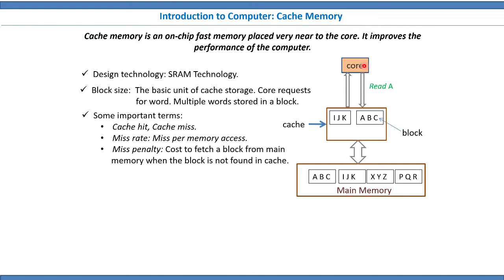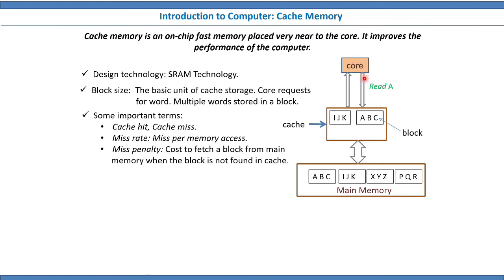In reality, the core is trying to execute a load instruction, so it will request an address like this: Read A. It is trying to load something. But in this course, I'll say the core is requesting a data, or a word, A.